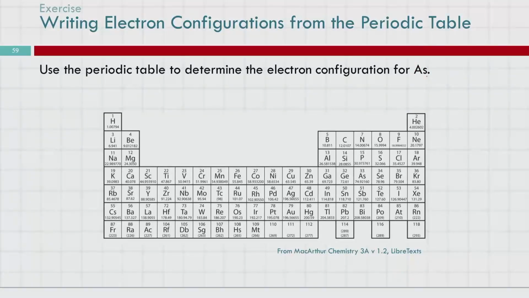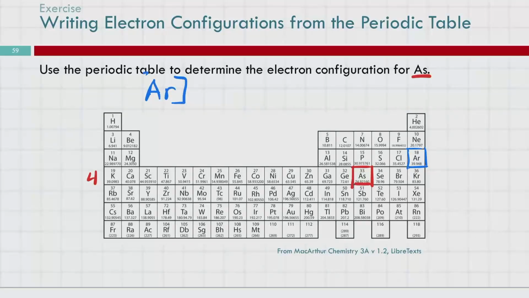So the first step would be arsenic. There's arsenic. What row is arsenic in? What row? 4. We're in row 4. What's the noble gas at the end of row 3? Argon.